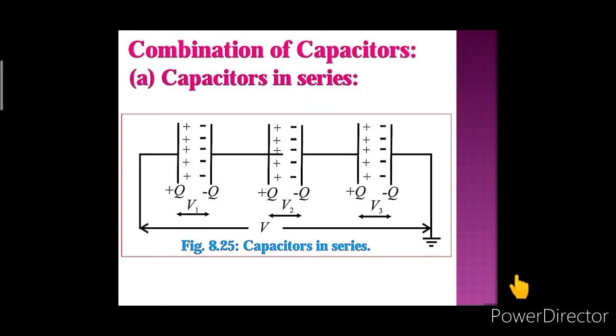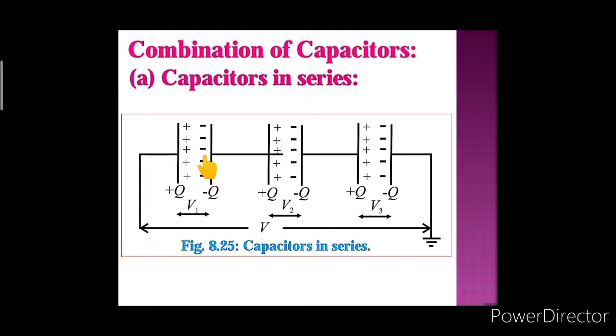Now, in the series arrangement as shown in this figure, the first plate of the first capacitor is connected to the positive terminal of the external battery.